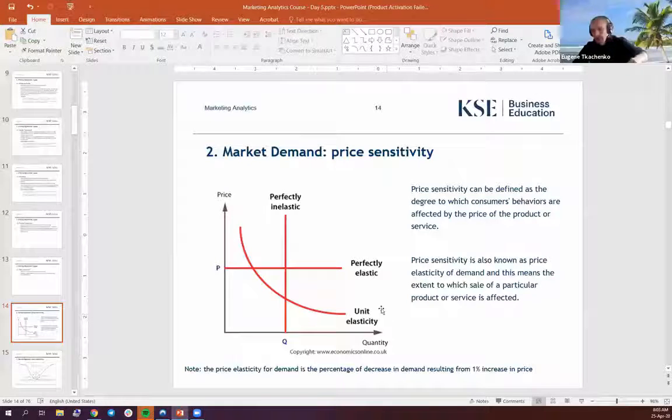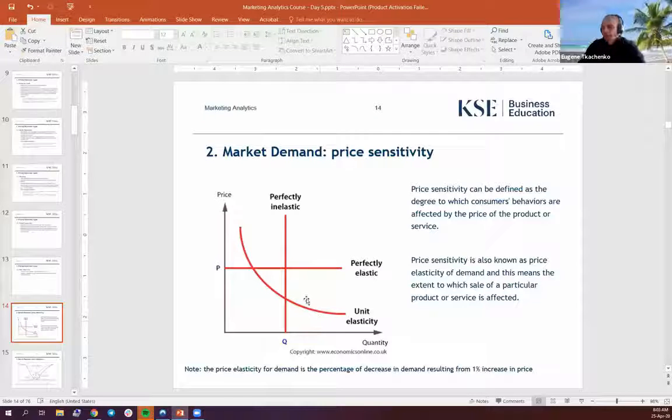That means that with a higher price, or the highest price, you can sell a limited number of your products. But if you start dropping the price, the number of products or services you will be able to sell will be increasing.